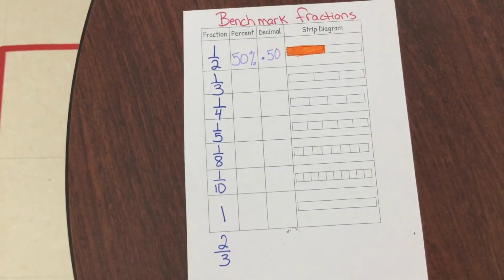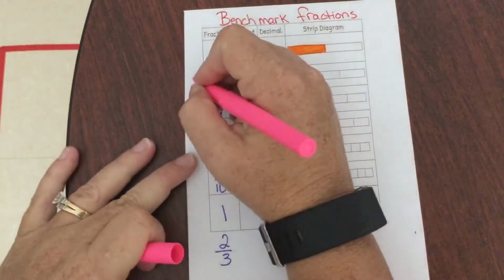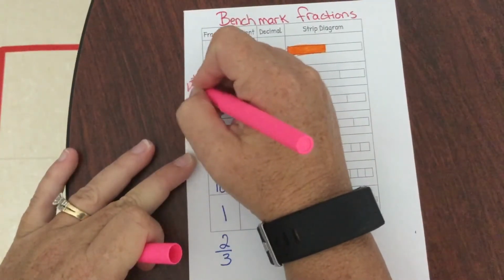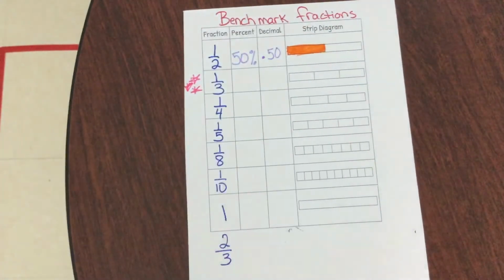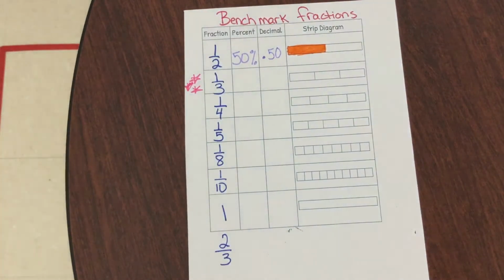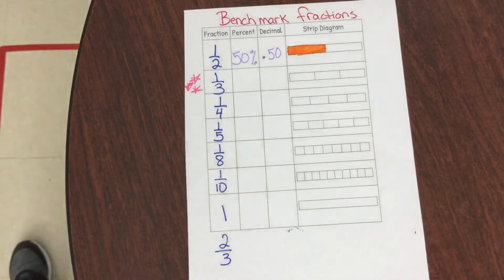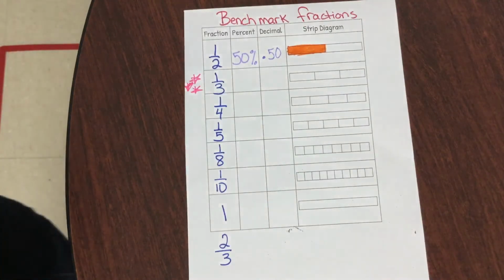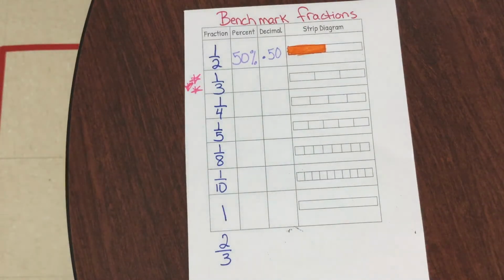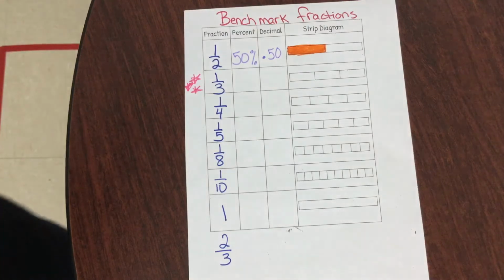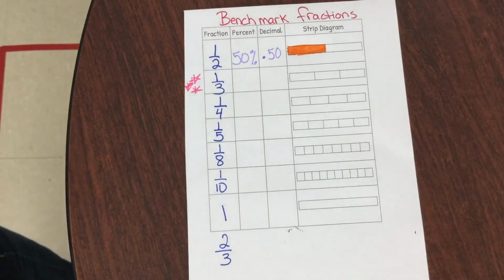All right, 1/3. I'm going to star 1/3. I'm going to put 3 stars there. And the reason why I'm putting stars by 1/3 is because 1/3 is a unique fraction. When we talked about 1/2 and we changed it to a decimal, we said it was 0.5, right?